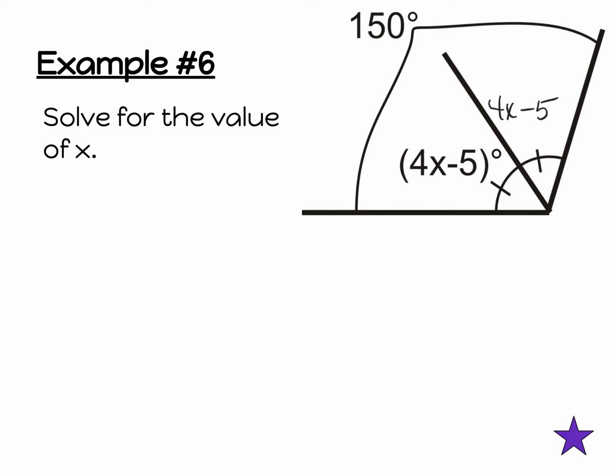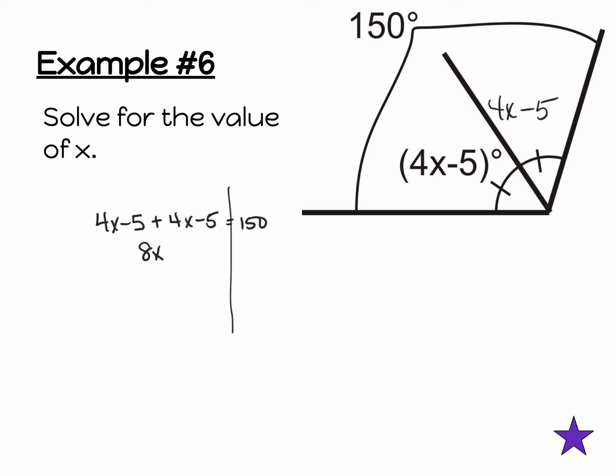All right, so now we're looking at a little angle plus a little angle equals a big angle again. So I have 4x minus 5 plus another little angle of 4x minus 5. That should equal 150 degrees. So let's first combine our like terms. So I have 4x plus 4x gives me 8x.